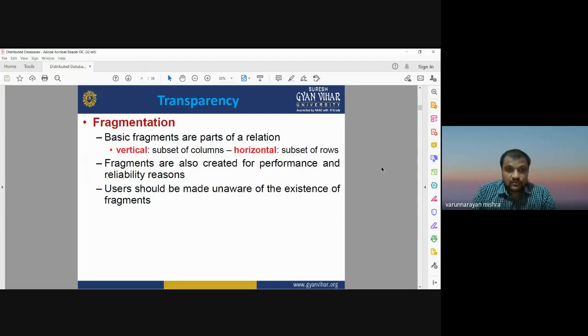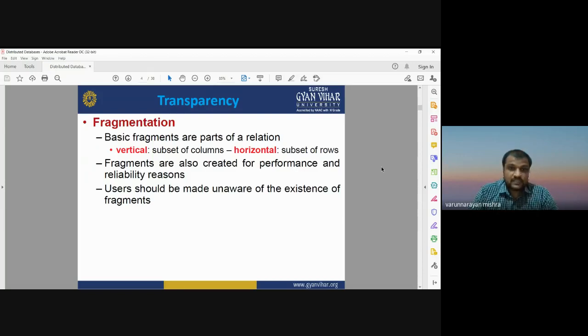The basic fragmentation is of two types: vertical, that is a subset of the columns, and horizontal, that is a subset of the rows. When we subset the data stored in the columns, it is known as vertical fragmentation, and when we subset the data stored in the rows, it is known as horizontal fragmentation.